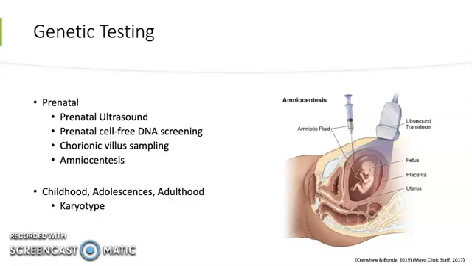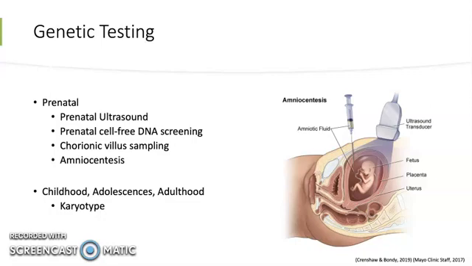The third prenatal genetic test that I have listed is amniocentesis, where doctors will take fluid from the amniotic fluid in the uterus, and that fluid will be sent to the genetic lab to again be studied for any X chromosomal abnormalities.